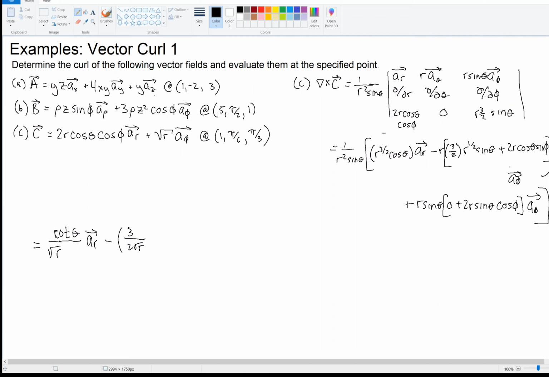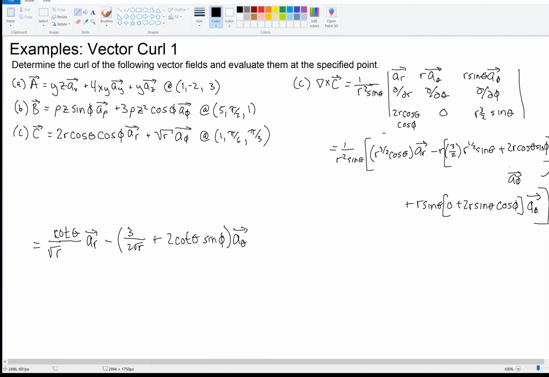Okay, then I've got plus, and again, if I distribute this r in, I've got r squared, right? But then divided by r squared, so that wipes out. And then I've got cosine theta over sine theta, so that makes a cotangent theta again. So I've got 2 cotangent of theta, and then I've got that sine phi hanging around there. And again, this was in the theta direction, like that.